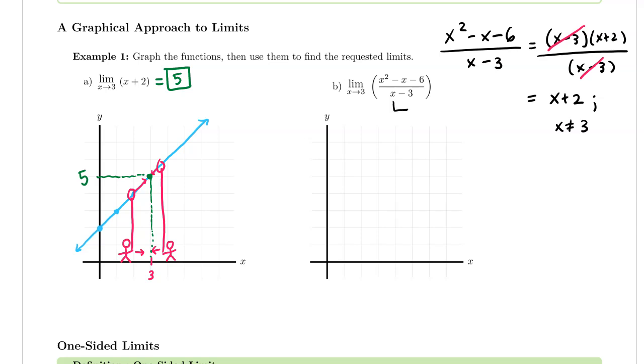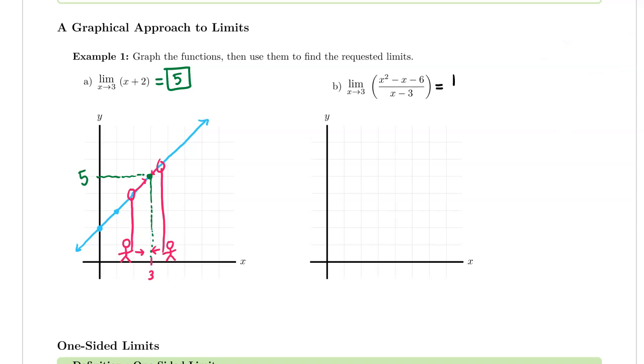If I plugged in 3 into this x value, I would get division by 0. So now, putting this together, it turns out that this limit is equal to the limit as x approaches 3 of x plus 2.